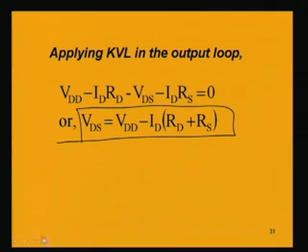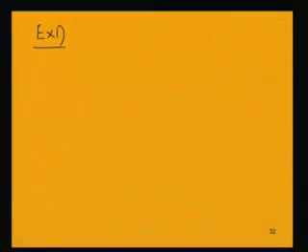Now, let us take one example for the fixed bias DC biasing scheme, which we have discussed just now. It is having an enhancement type N channel Mosfet.